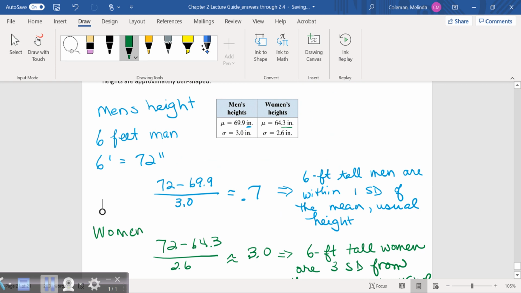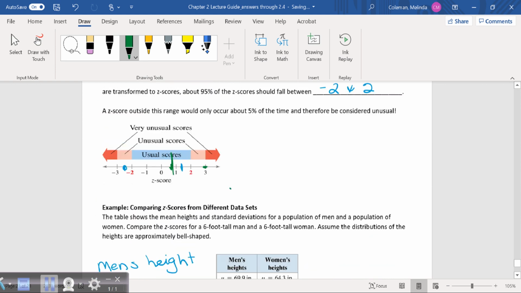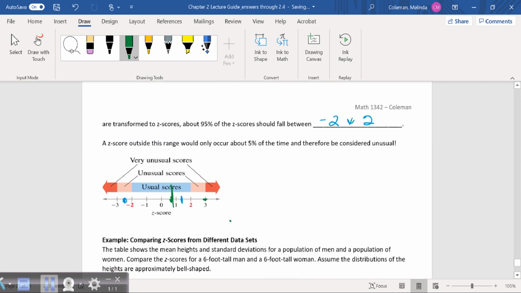If we look back on our chart, and we put this in the percents, remember that 95% will fall within 2 standard deviations. That's our 95%. And so there's not going to be very many women between here and here. That goes to the 99.8.